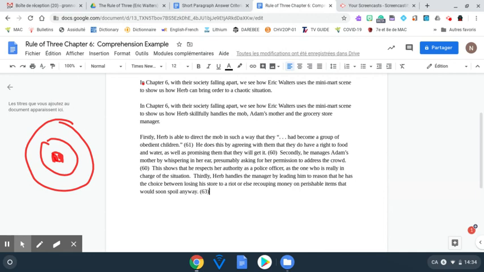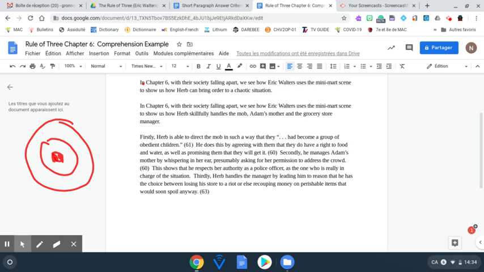This is a paraphrase. It's not a direct quote of what takes place in the book. What takes place in the book is, after Ernie says, I guess it is sort of like an IOU, Herb says, you're also only going to allow them to purchase selected items. Look around the store. With the electricity out, there's a lot of food that's going to go bad today, otherwise going to spoil.